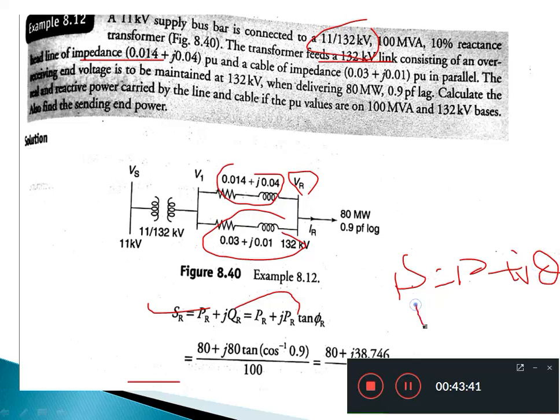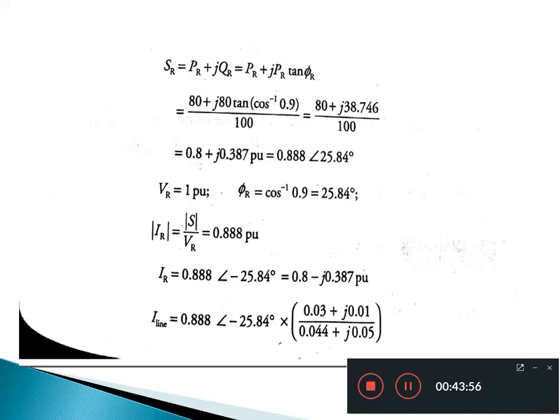If we are finding tan theta, it is equal to Q by P. Theta is equal to tan inverse of Q by P. So Q is equal to P into tan phi. Substitute the values, we will get the equation. Then same receiving end power PR plus j PR into tan phi r. Substitute the values, we will get the corresponding parameters.